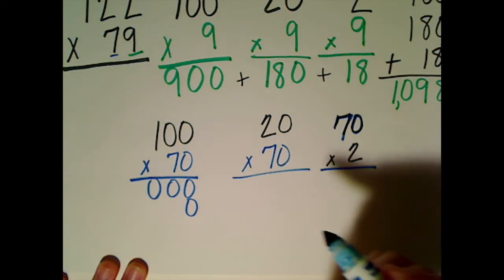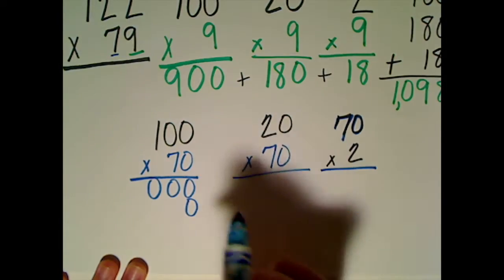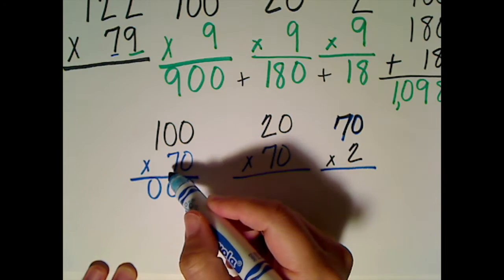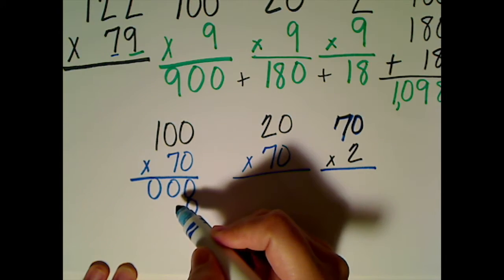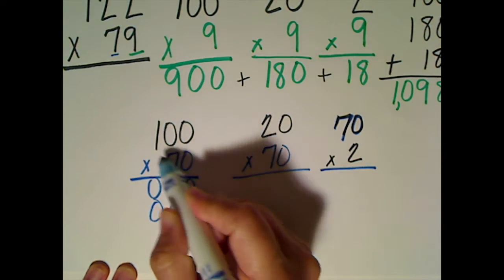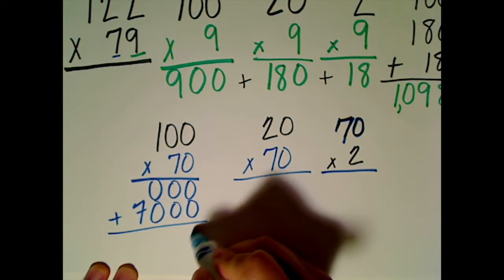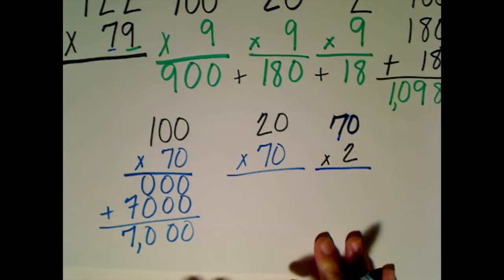And soon enough, Miss Guidry is going to show you a shortcut to this. But let's just go on and do the standard algorithm. Then we put our place value in the ones place. 7 times 0 is 0. 7 times 0 is 0. 7 times 1 is 7. Add those together, and looky here, we get 7,000.